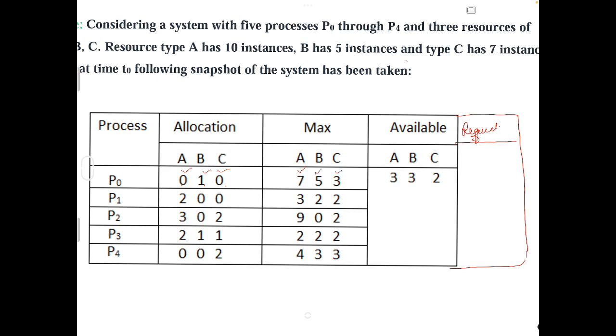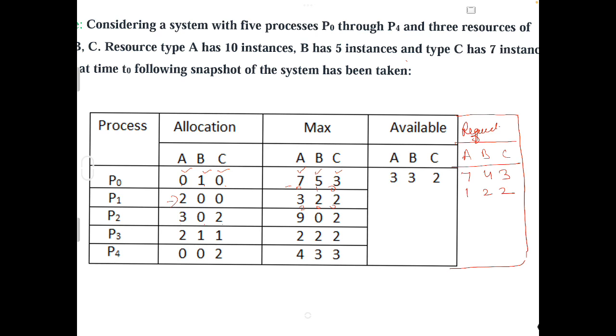So we will subtract 0, 1, 0 from this. So required, this is A, this is B and C, will be 7, 4 and 3. Similarly, allocated 2, 0, 0, so 1, 2, 2 will be required.